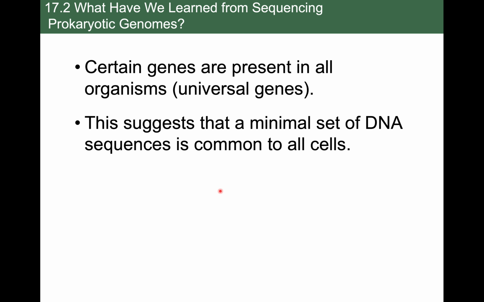And what's really cool about that is it facilitates a lot of genetic engineering of microbes. So if you have this bacteria that has this minimal genome, you can then go in and customize the genome by adding other specific genes to give that bacteria features you want.